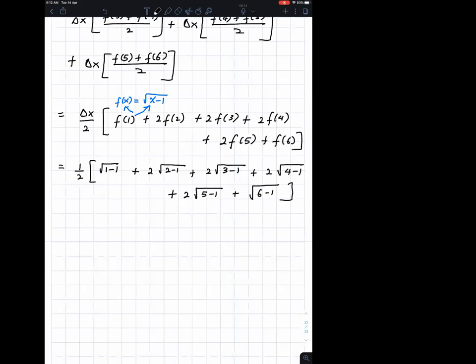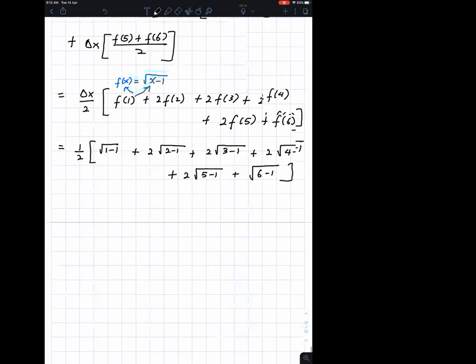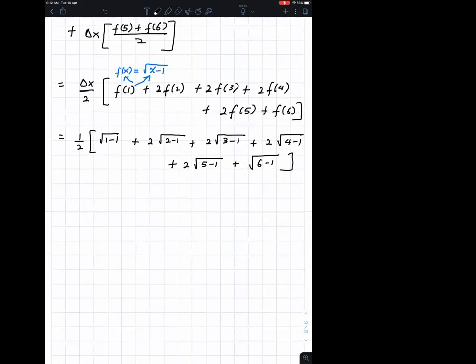Doing all these things by hand is of course tedious. That's why computers play an important role in numerical analysis.